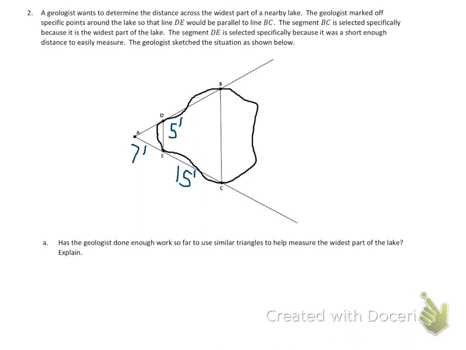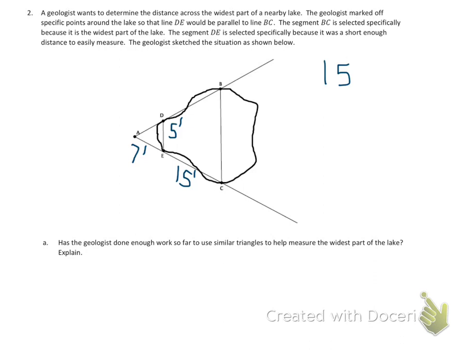Okay, so by the measurements that she took, we can find the scale factor of this dilation. We already know that it is a dilation, and the 7-foot and 15-foot measurements will help us figure out the scale factor. So my scale factor is going to be the dilated length, 15.